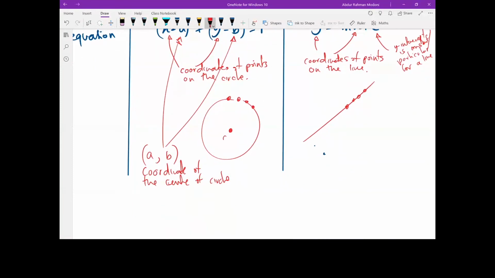There's my center, and I'll mark a, b as the coordinate of the center of the circle. And again, this will be particular or constant for a circle. For a different circle, it will be a different center point, but it won't vary for that particular circle. It's a constant. So the coordinate of the center of the circle is constant, particular for that circle.